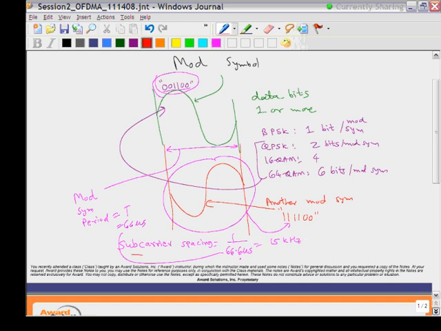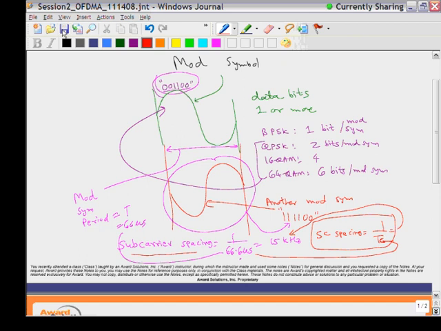So basically, subcarrier spacing is 1 over the symbol period. And since in LTE we have 66 microseconds as our symbol period, we always have 15 kilohertz as the subcarrier spacing, always fixed.